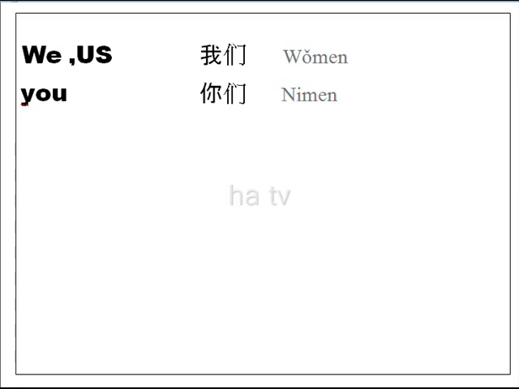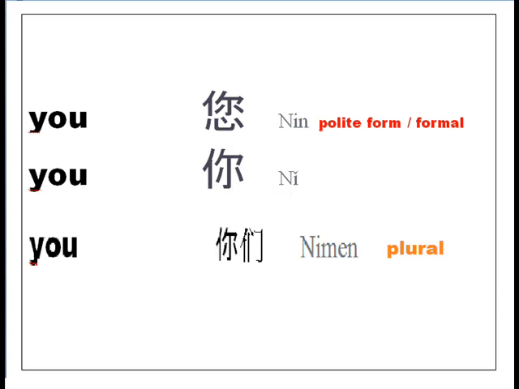You in plural is 你们. We have three kinds of you. You formal, nin. You informal, ni. And you for plural, ni men.